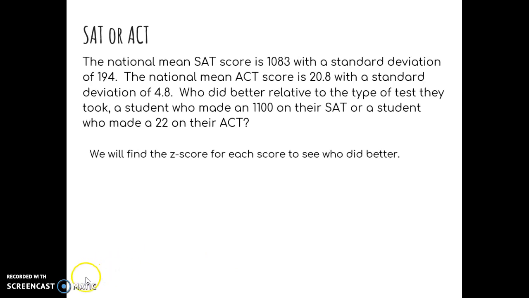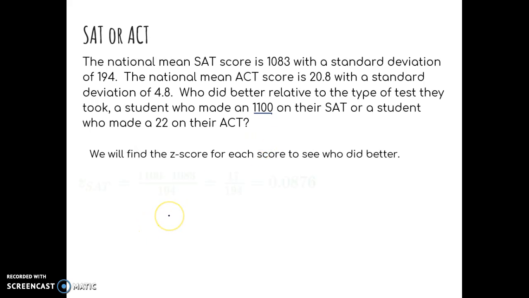Since these two tests are scored very differently, we're going to use z-scores to figure out who did better. First we're going to find the z-score for the SAT score of 1100. We're going to convert that to a z-score and see how far away that is from the mean.